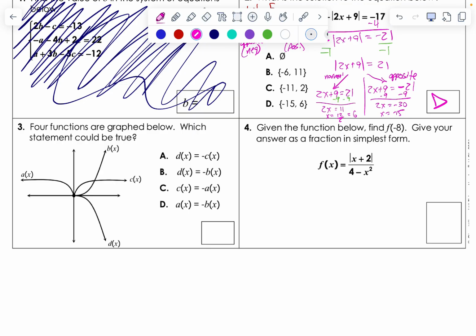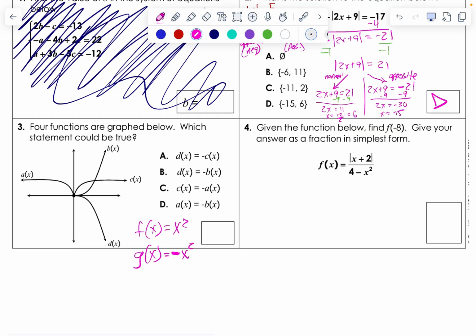Like, what does putting a negative sign out front of a function do? Do you guys remember transformation stuff? It just reflects it over the x-axis, right? If you put it in maybe something more familiar, if I said f of x is x squared and g of x is negative x squared, remember the f is up, the g is down, it just reflects over.